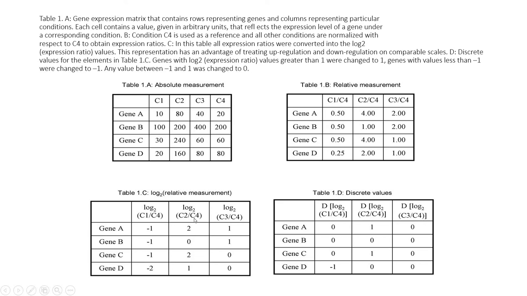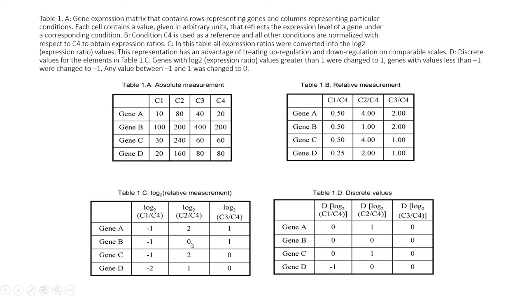This is the logarithmic transformation in which we have taken the logarithm of base 2. Here in the rows you can see the different genes, and in the columns the different conditions that are normalized by C4. So this is called logarithmic transformation.